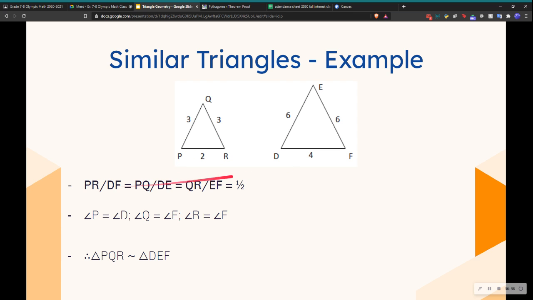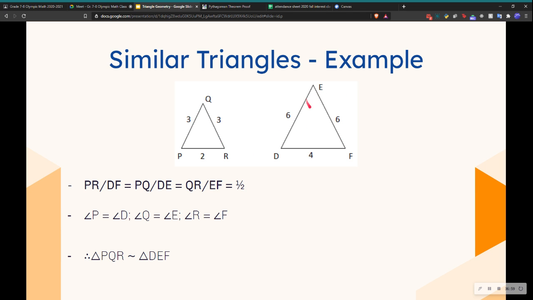So PR divided by DF is equal to PQ divided by DE right here. So PQ corresponds to DE, which is equal to QR divided by EF. So QR corresponds to EF. And notice that these ratios are all equal to 1/2.